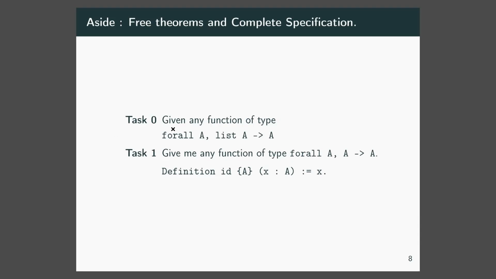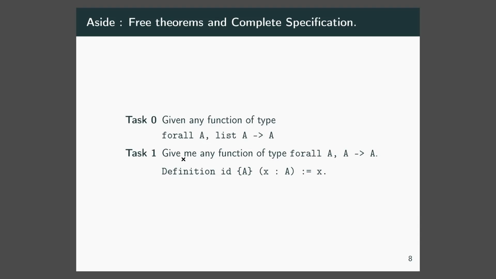You cannot give me a function which just takes a list of a and produces a for you. There's no such function. I have to be careful here: you cannot prove this fact in Coq, but you can see that there is no way to write a function which takes for all a, list of a to a.